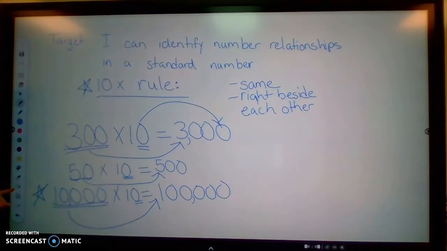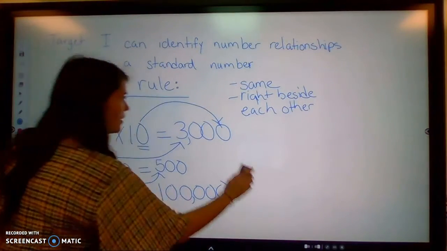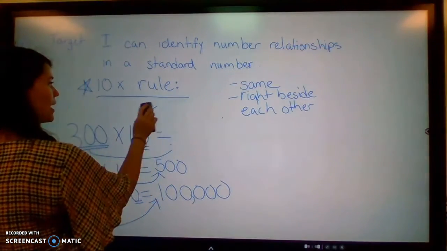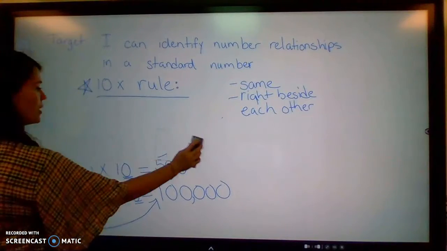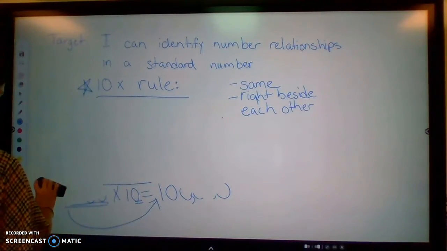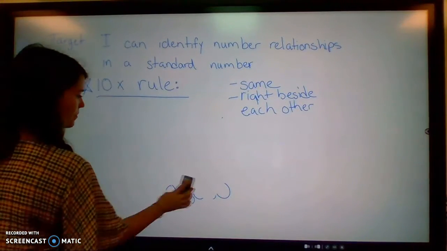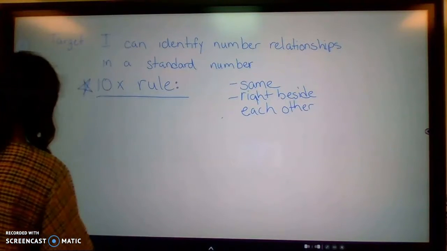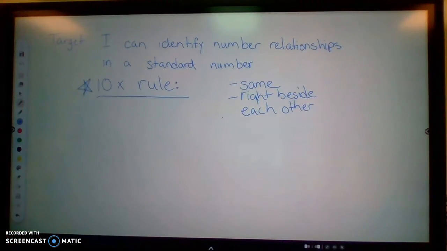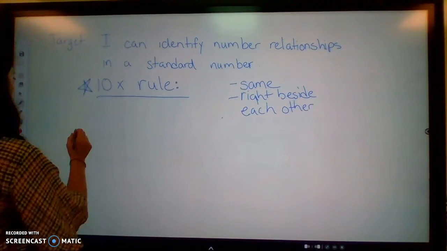Let's practice our 10 times rule one more time now that we reviewed multiplying using our tens or hundreds. Okay, I'm going to write another number.